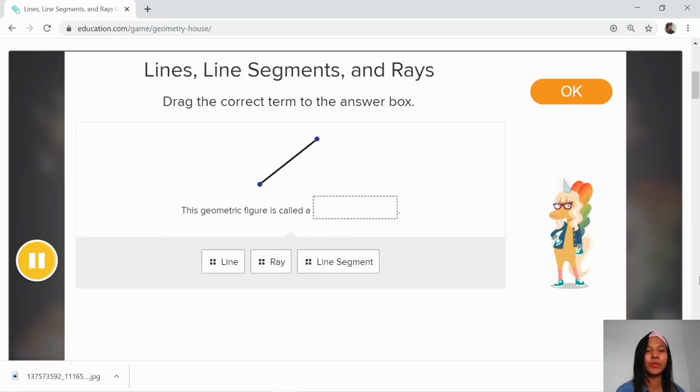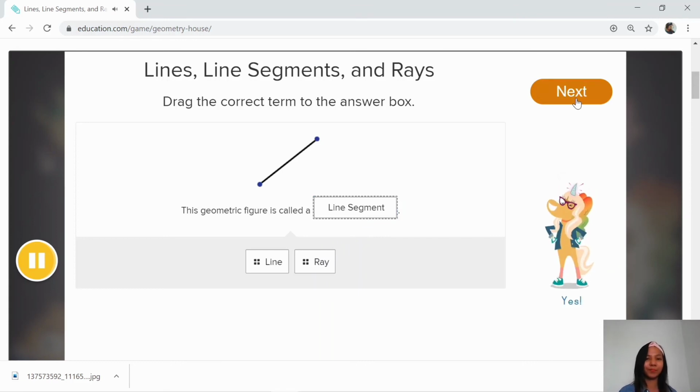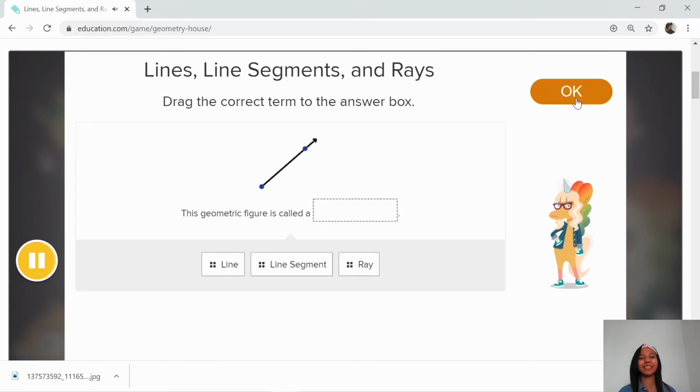Now let's see if you can remember the lesson that we have tackled today. Can you tell me what kind of figure or diagram this is? It's a line segment. Very good, that's right. Next, what do you think this is? Is it a line segment or a ray? It's a ray.